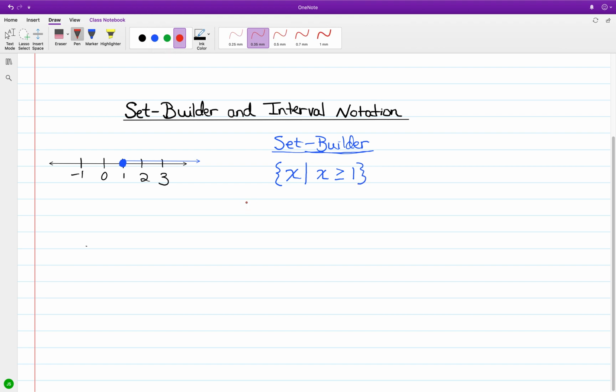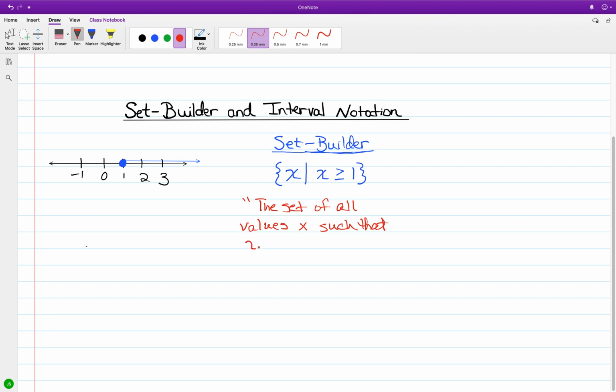Just for the notation here, for the opening statement, this x at the front refers to the set of all values of x, and the vertical slash is read as "such that."